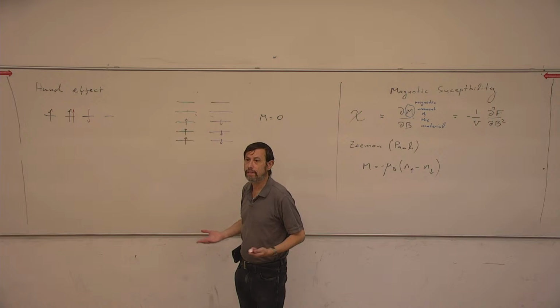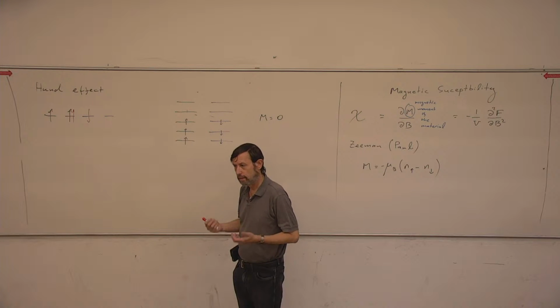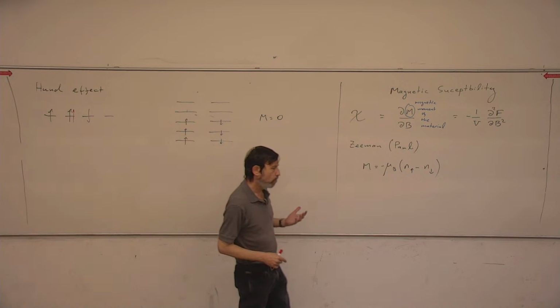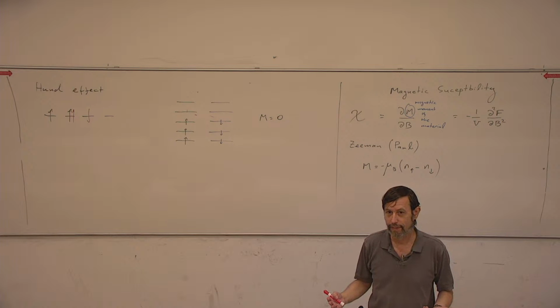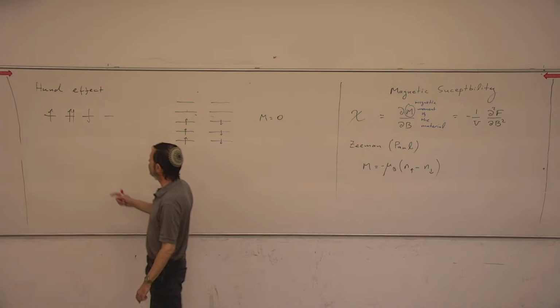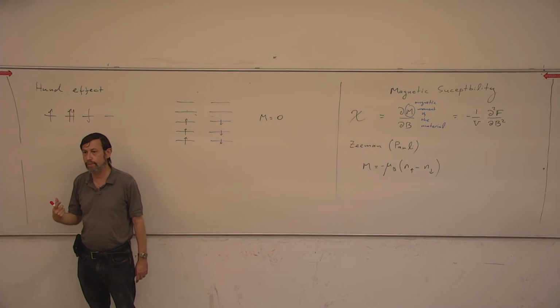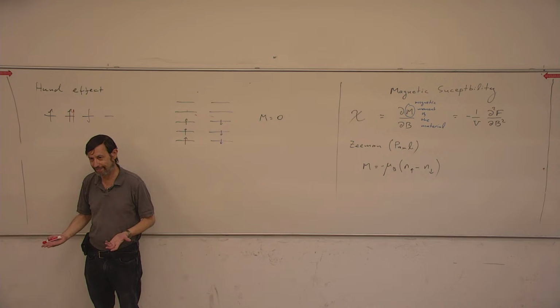So how does the system choose between those 2 states? It's because in atomic physics, usually we neglect another term, which is interactions between electrons. Now, if the 2 electrons sit on the same state, they have maximum overlap of their wave function. Costs a lot of interaction energy.